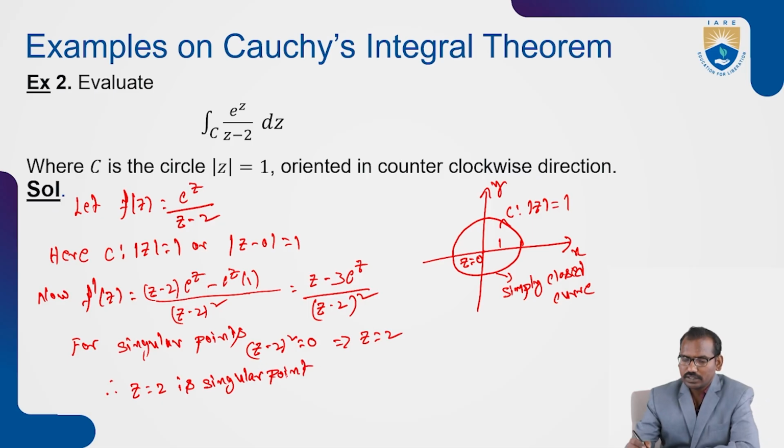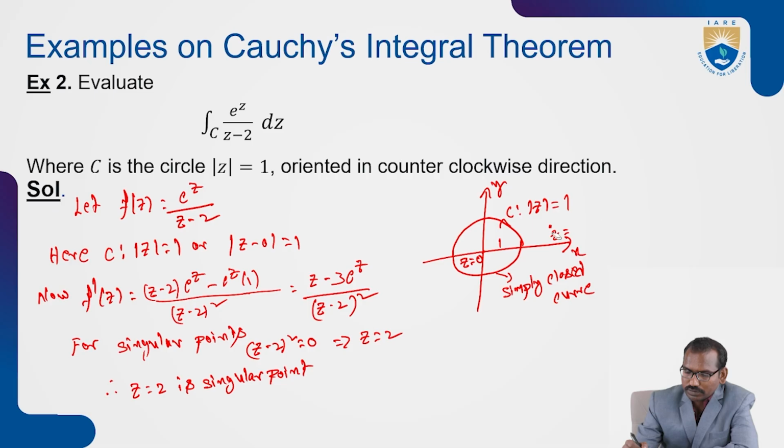So within the given circle, there is no singular point. If there is no singular point, it means that the function is analytic within the unit circle, and z equal to 2 is somewhere outside the circle.